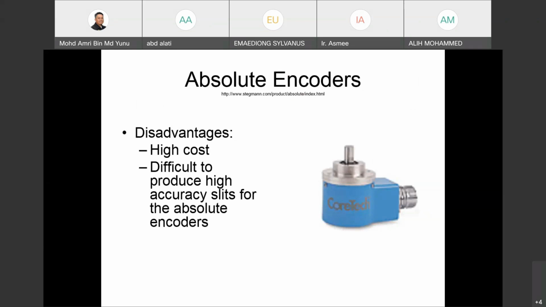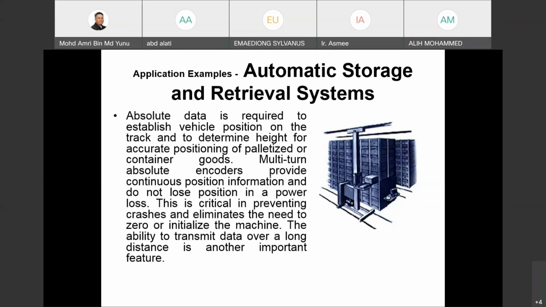But that may have improved because of laser technology that can engrave a very accurate rotating pattern. An application is in automatic storage and retrieval systems, where the system has to know the exact location of the shelf and must move very precisely to prevent misplacement or collision.